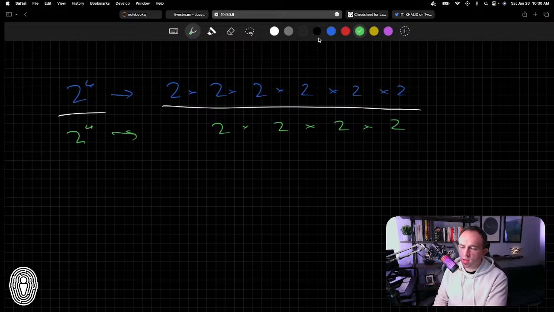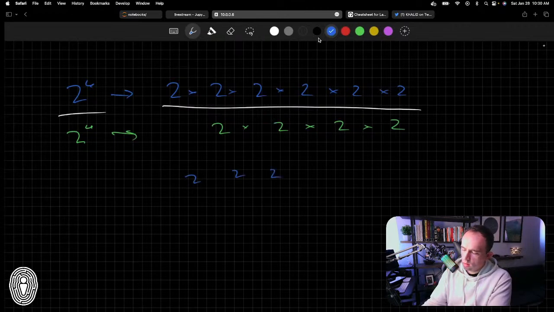Now this may start to make more intuitive sense, because basically what this represents is that you can re-represent these as individualized fractions. So let me regroup these. Down here, I'm going to do 2, 2, 2, 2, 2, 2.